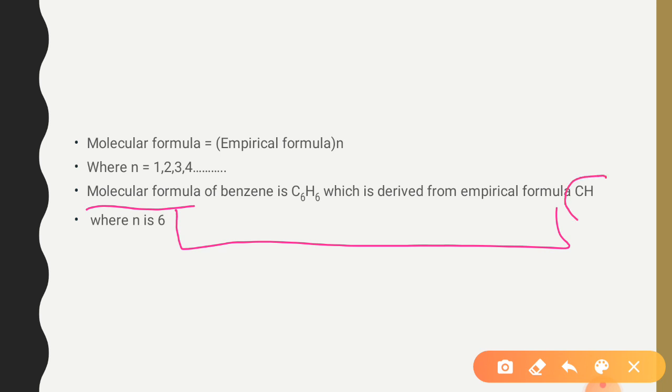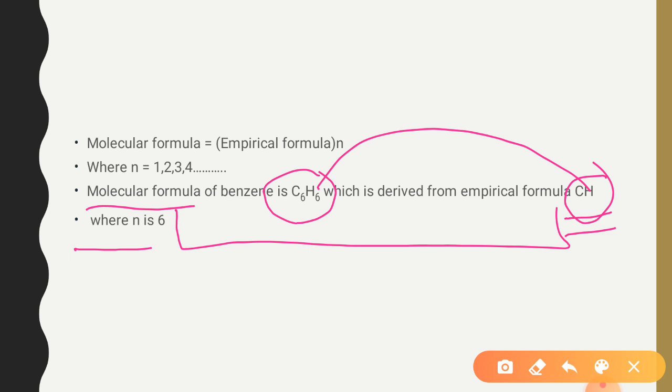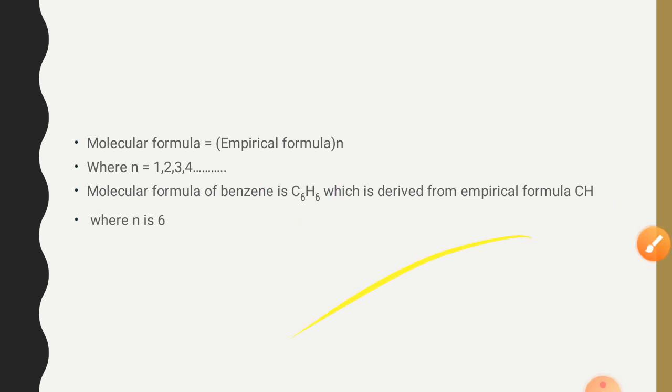Empirical formula is CH, a simple whole number ratio, 1:1, carbon 1, hydrogen 1. So how could you relate molecular formula and empirical formula? You can simply multiply with 6. If you multiply empirical formula with 6, then you will get C6H6, which is its molecular formula.